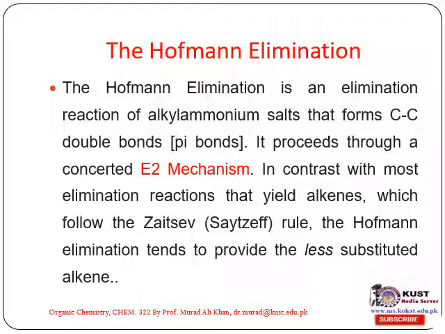The Hofmann elimination reaction is an elimination reaction of alkyl ammonium salts that forms a carbon-carbon double bond. It proceeds through a concerted E2 mechanism, in contrast with most elimination reactions that yield alkenes following the Zaitsev rule. The Hofmann elimination tends to provide the less substituted alkene, as we have seen on the previous slide.